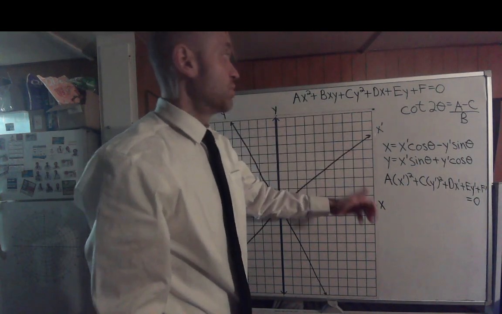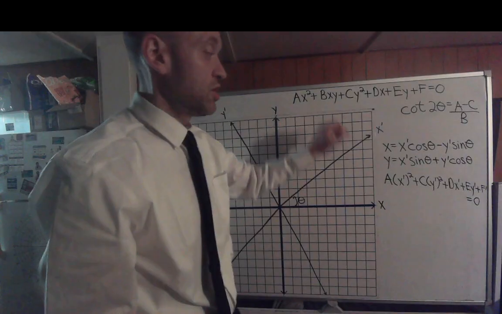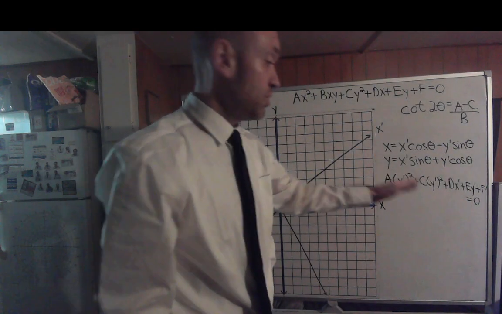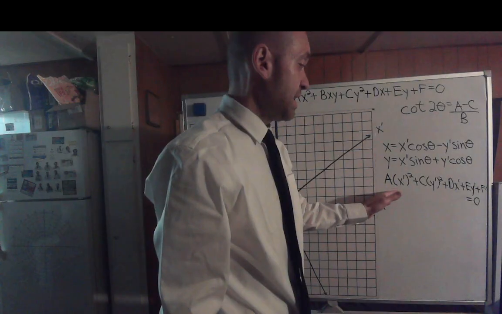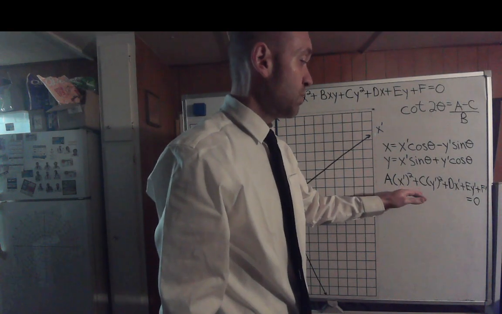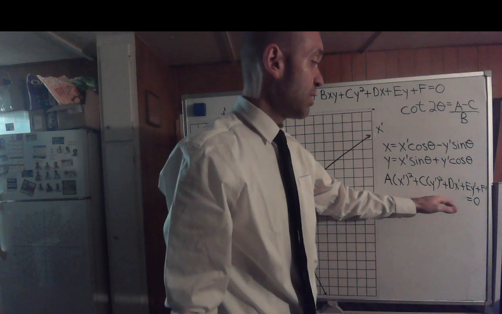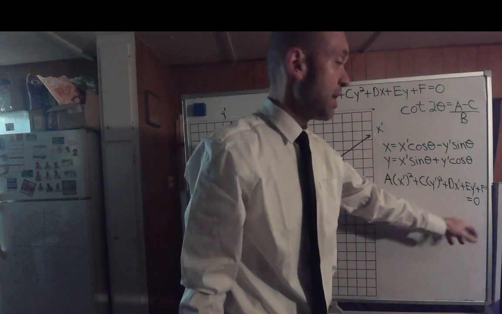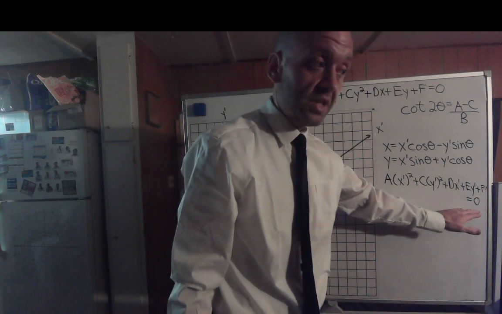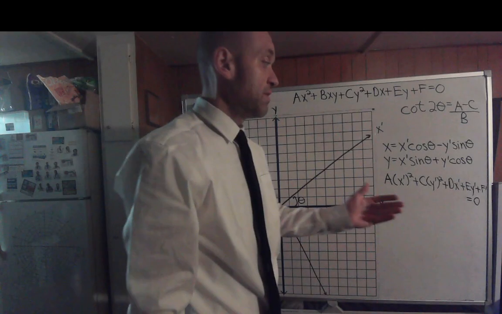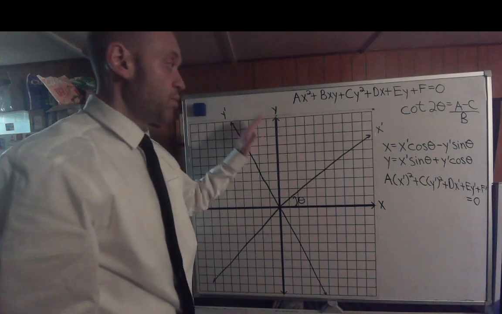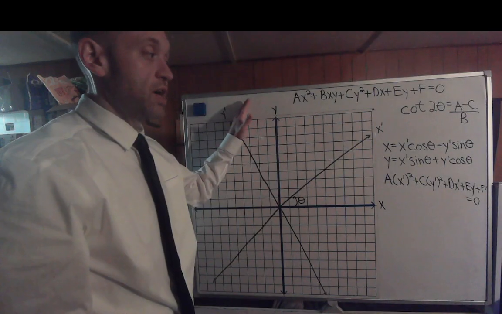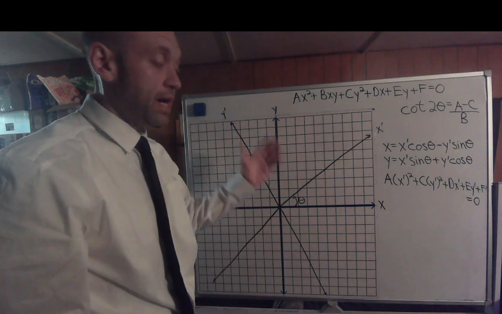In doing so, we'll cancel out the xy term and leave you with a new equation of a x prime squared plus c y prime squared plus d x prime plus e y prime plus f prime equals 0. This will give you an x prime y prime equivalent for your conic section to your xy plane.